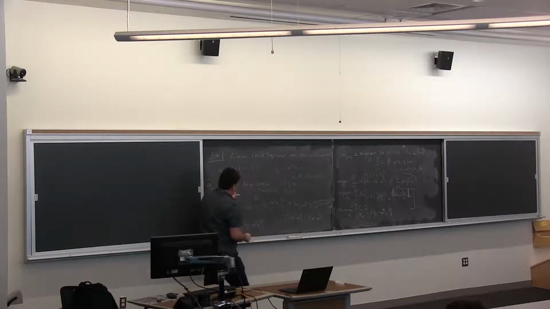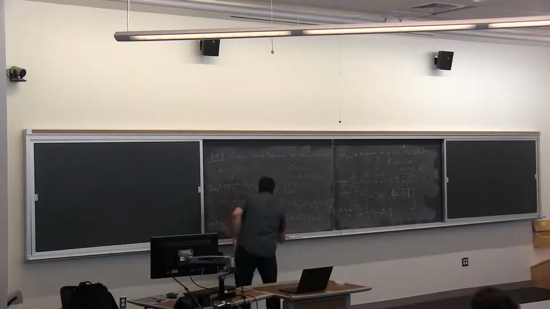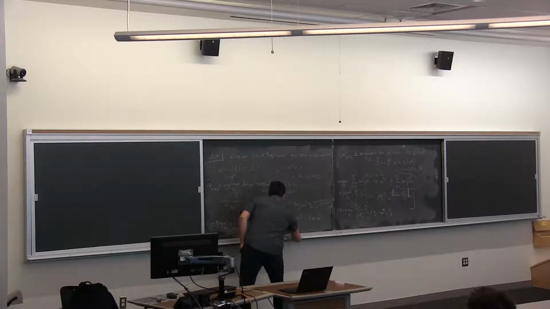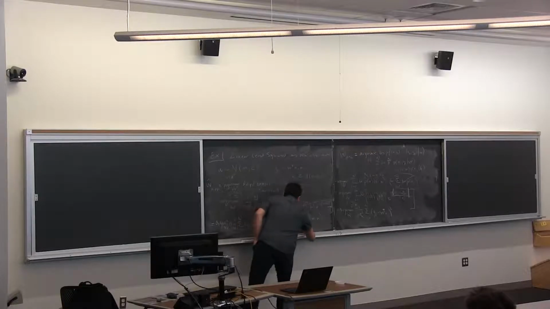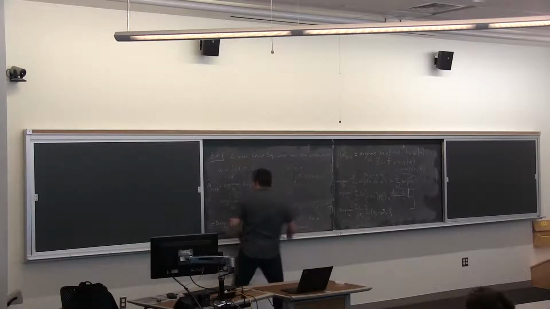And this negative 2 cancels negative 1 over 2. We have plus sigma u squared over n times the prior term. Okay, so the prior appears here.